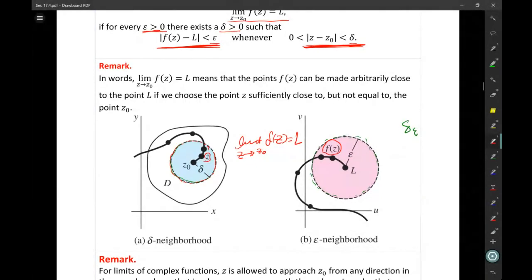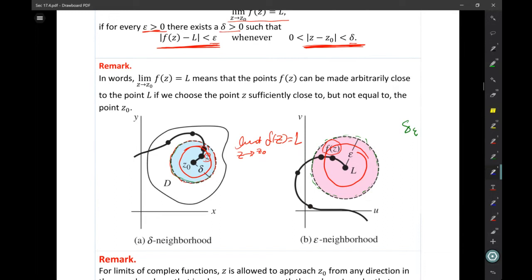Therefore, when I say for every epsilon greater than 0 there is delta, that means delta will depend on epsilon, which means that when you change epsilon, delta should change. When you change the epsilon neighborhood around L, the delta neighborhood around z naught also changes.